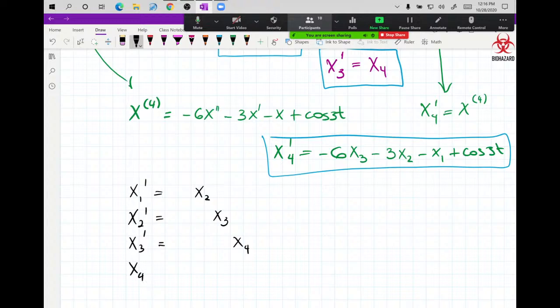And x4 prime is negative x1 minus 3x2 minus 6x3 plus cosine 3t. There is the system. So we reduced our problem from what do you call it?